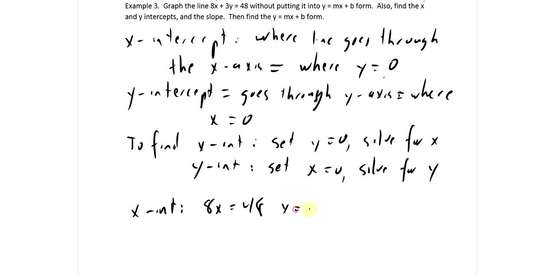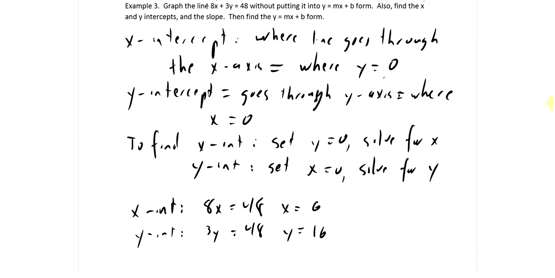And I can solve that for x equals 6. How do I find the y-intercept? I look at this equation, and I say, okay, let's set x equal to 0, so we ignore the 8x part, and then we just have 3y equals 48. And that tells me that y equals 16. There we go. Okay.